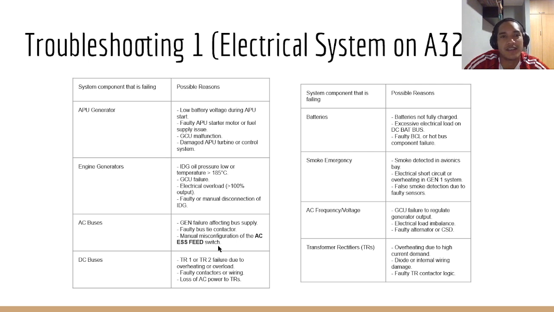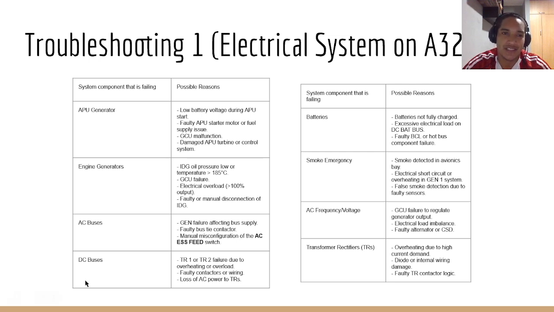Then I'm going to explain more about the troubleshooting. I talk more about the possible failures, because we have, as an example, the loss of energy with essential bars only, or if we lose generation of the engines.